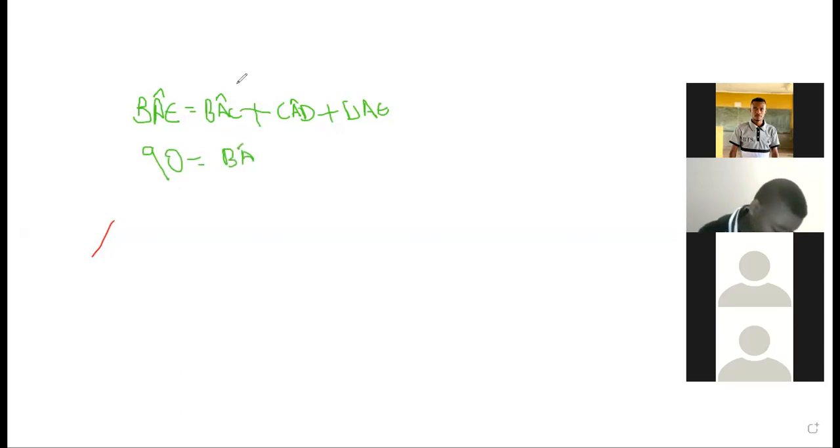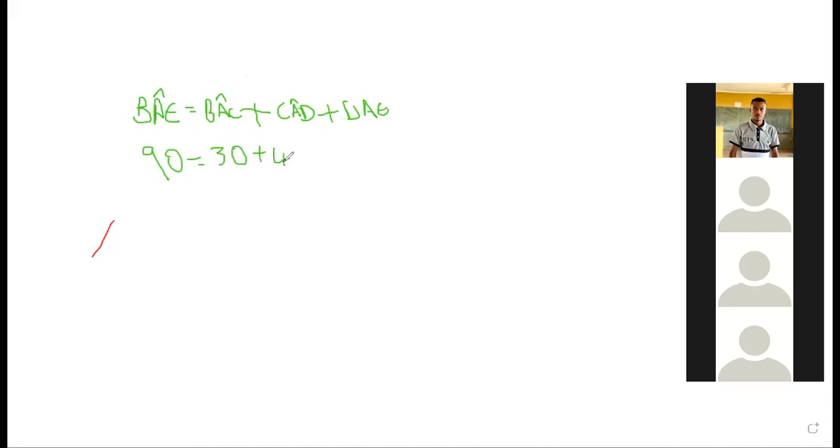Do we have the value of BAC? 30 degrees. 30 degrees plus 48.19 plus DAE.